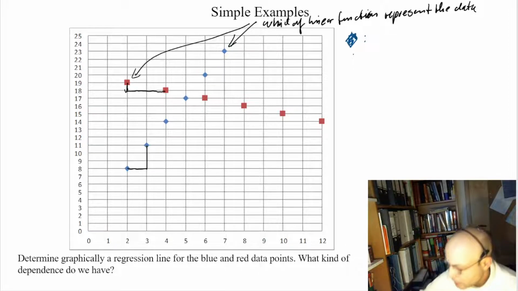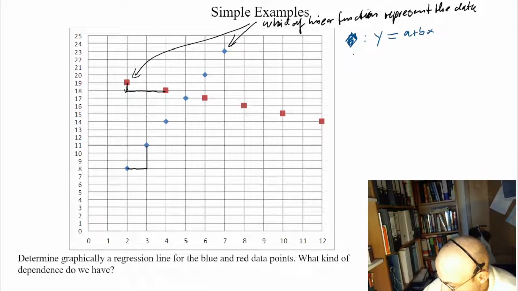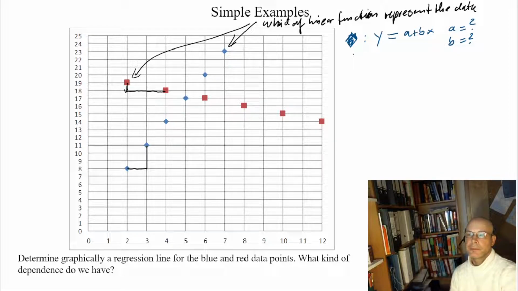What we look for is y equals a plus bx, and we want to know what a and b are for the blue data points.